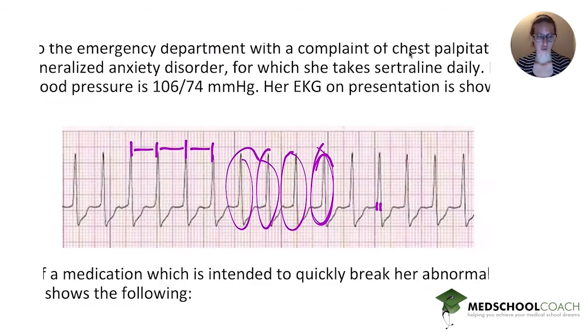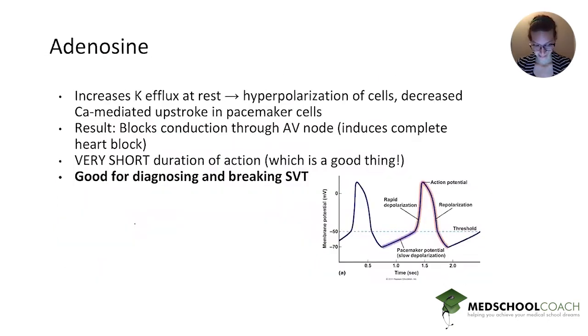What drug do we use when someone has symptomatic SVT? What drug do we use to break SVT? Adenosine. We use adenosine to break SVT. Now, why do we use adenosine? Because of the mechanism. The way adenosine works is that it increases potassium efflux from the cell at rest.